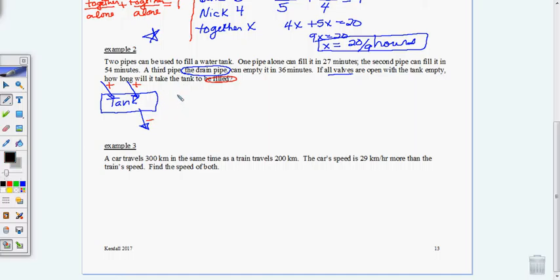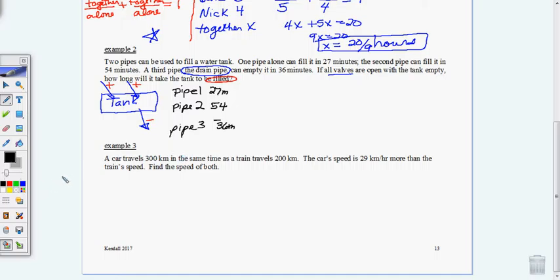So what do we know? I know pipe 1 can do the job in 27 minutes. Pipe 2 can do the job in 54 minutes. But pipe 3 can complete its job in 36 minutes, and since it's the opposite of what I want, it's a negative 36.